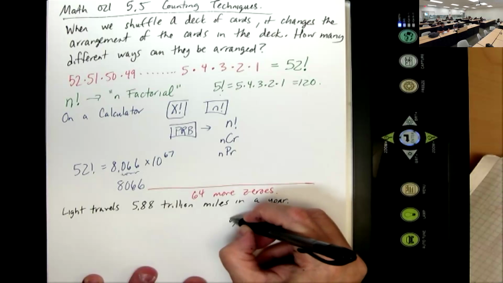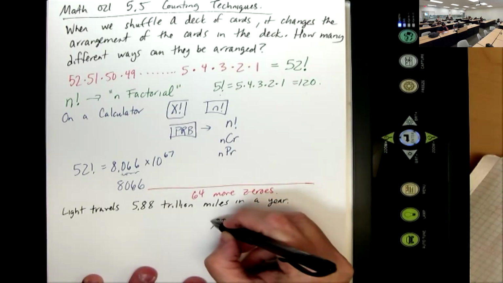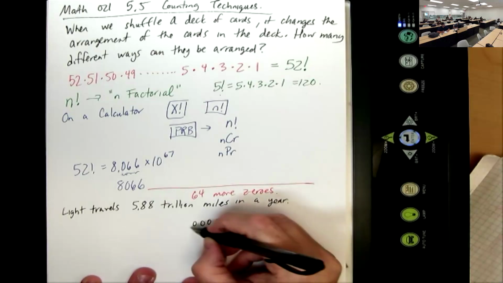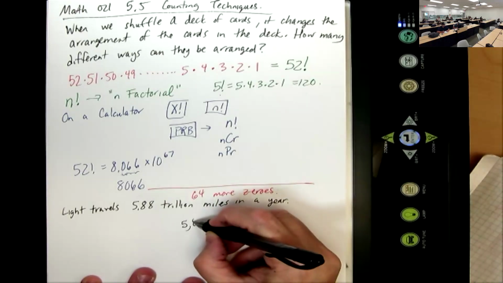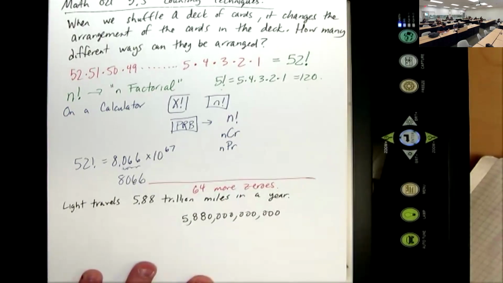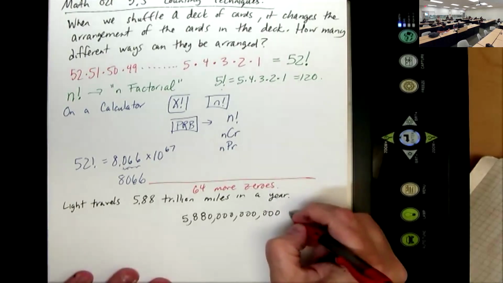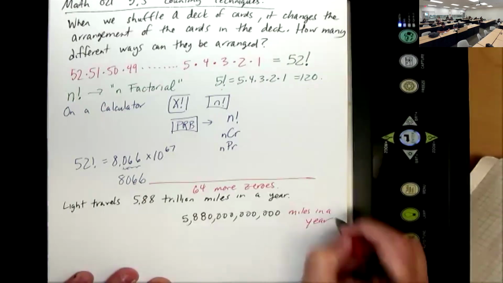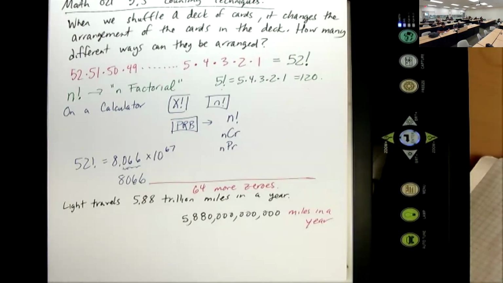That would be in the millions category. This is the billions category. Trillions would be right here, which would make these two an 8. That's miles in a year. Not in an hour, in a year.